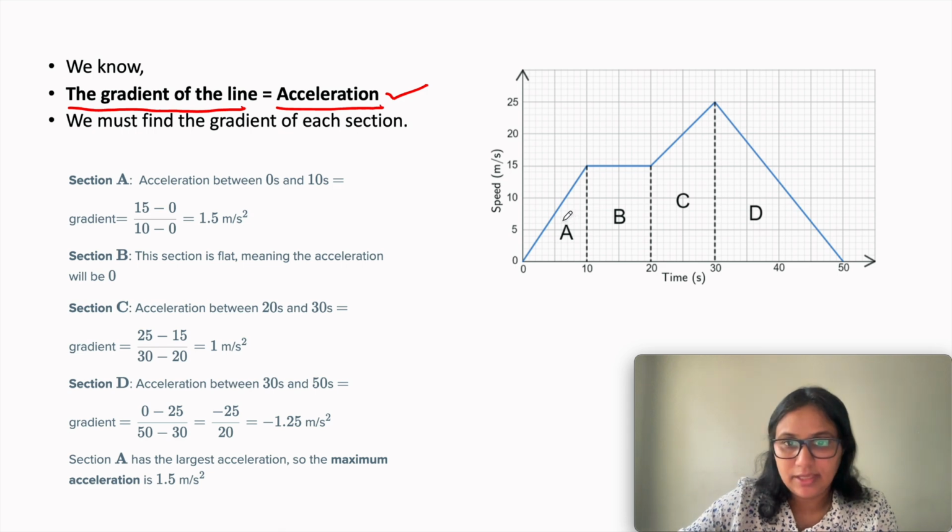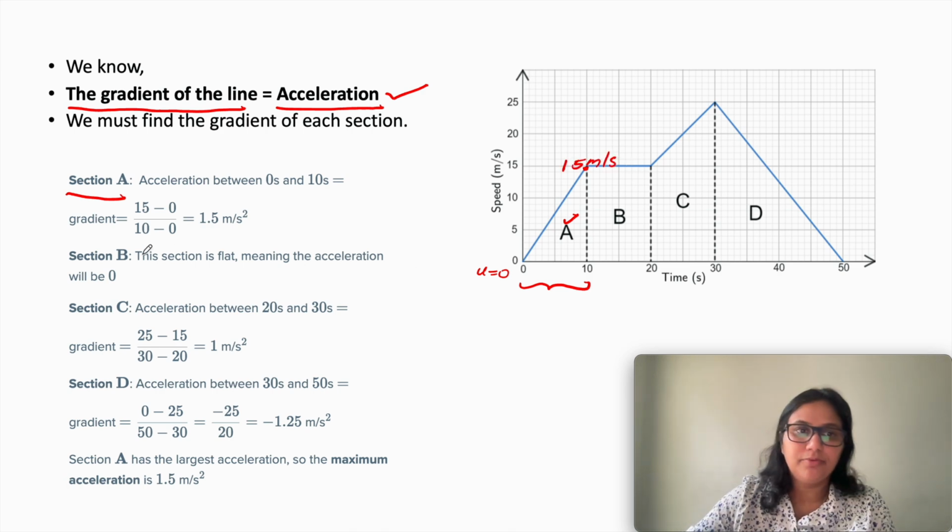Let us start with A. Section A, the acceleration between 0 to 10 seconds. The initial velocity u is equal to 0, and the final velocity is 15 meter per second. How to find the gradient?